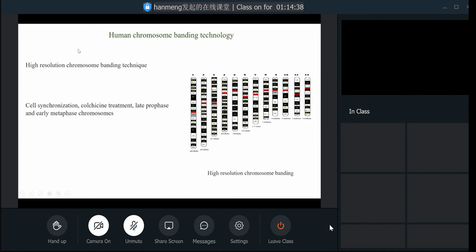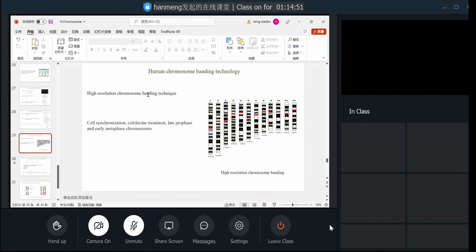And the last human chromosome banding technique is the high resolution chromosome banding technique.